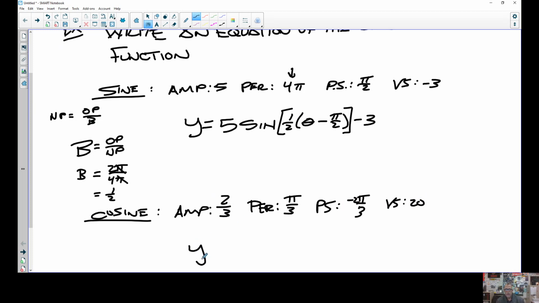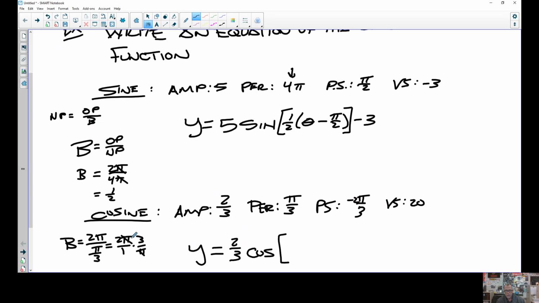All right, so again, where do I start? By writing an equation, y equals. Look at my amplitude, it doesn't tell me anything about a reflection. And we do 2/3. This is a cosine function, so I write cosine. I make my bracket. My period is pi over 3, so my b value is 2 pi over pi over 3. That means 2 pi over 1 times, remember we flip and multiply?